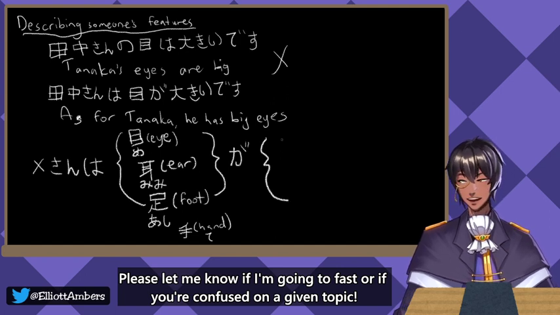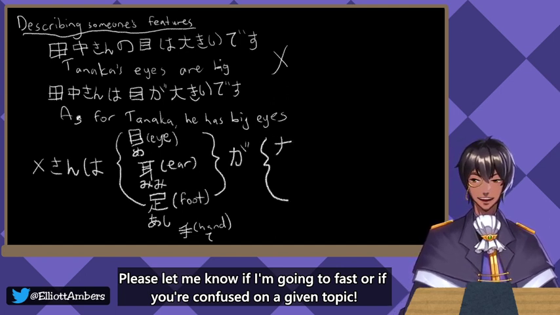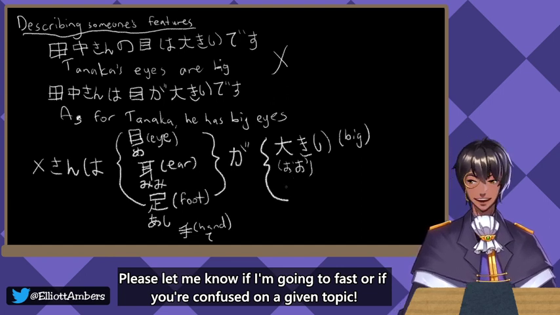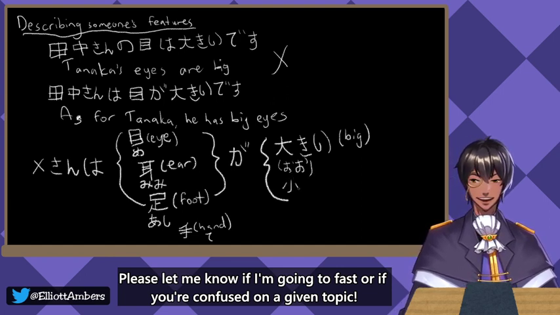We could say things like, I mentioned earlier, this is oki, which is big. We could say chisai, small.